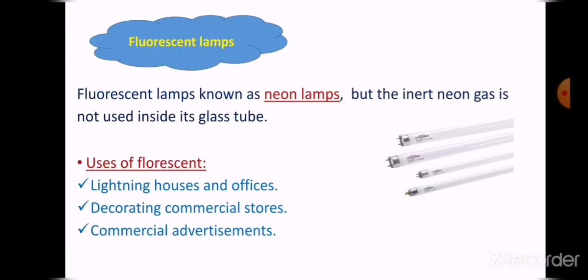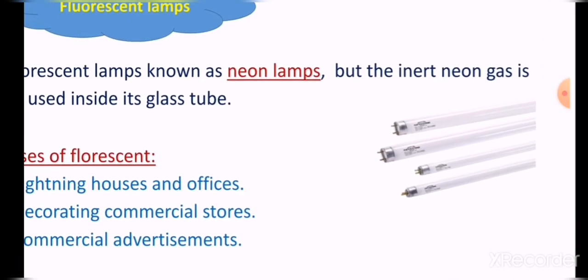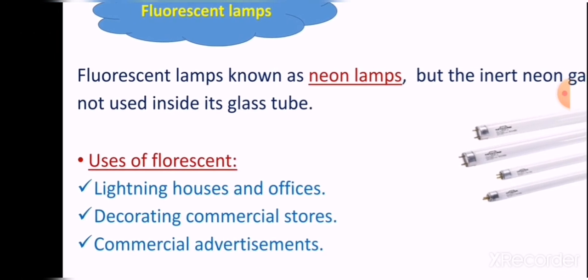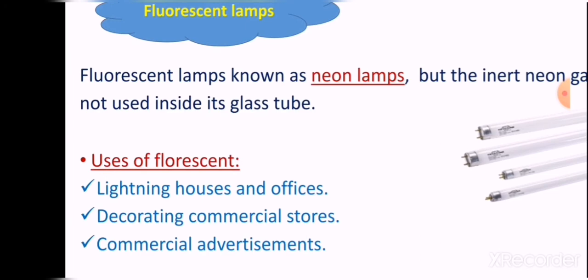Okay? Now we will discuss the fluorescent lamps. You have to know that the fluorescent lamps are known as neon lamps, like this, but the inert neon gas is not used inside its glass tube.